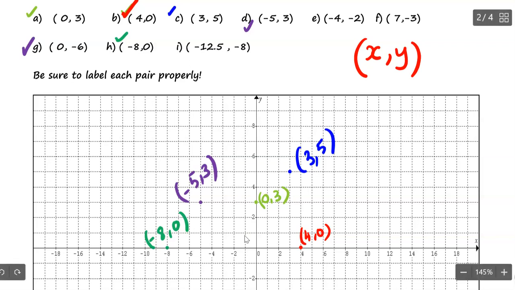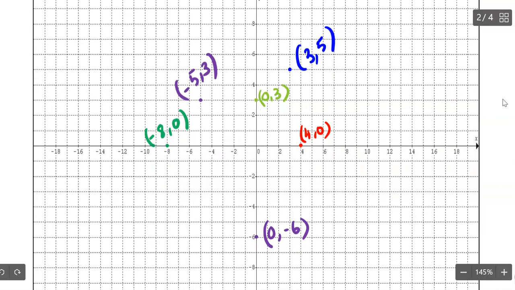Alright, let's continue on to the next point. The point E, this one is negative 4 and negative 2. Okay, so it will be in quadrant number 3. Because both of these values are negative. Okay, so negative 4 for x, which is right here, moving down, so that I can project with the -2 coming out from here.